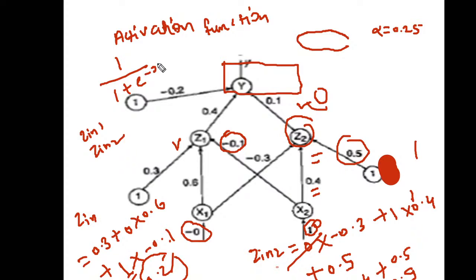Here we substitute the total net input in place of x, z in 1, and z in 2 also, and we will calculate the total net output of Z1 and Z2. Clear? So the next step, after substituting inside this activation function, is to find the output of Z1 and the output of Z2. So let's try to find that.